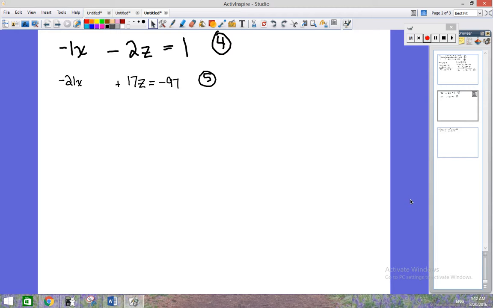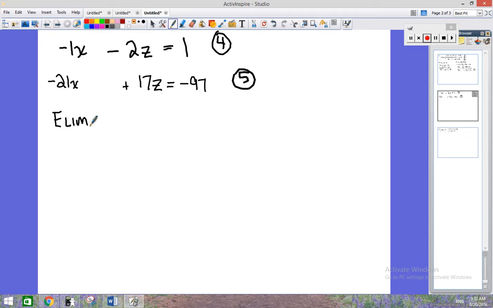So we have a choice here. Do we want to eliminate the variable x or the variable z? And again, I typically look for a coefficient of 1, or negative 1, because I can then easily manipulate that negative 1 to be a positive 21 and eliminate the x. And that's what I'm going to do. I'm going to eliminate x by taking equation 5 and adding to it negative 21, because the negative times the negative will be positive, equation 4.